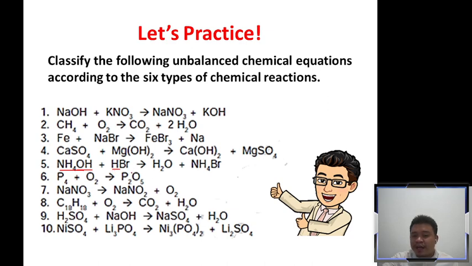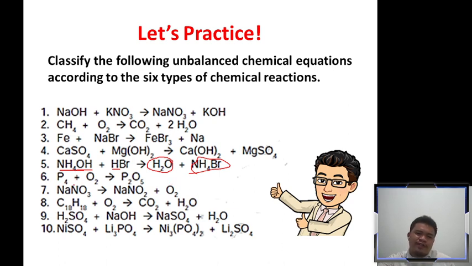So when a base and acid combine, they form a salt and water. So you can also say that this is an acid-base reaction, because typically an acid-base reaction is a type of double replacement reaction. But if we really want to be specific, this is an acid-base reaction, since acid and base are involved in this reaction.